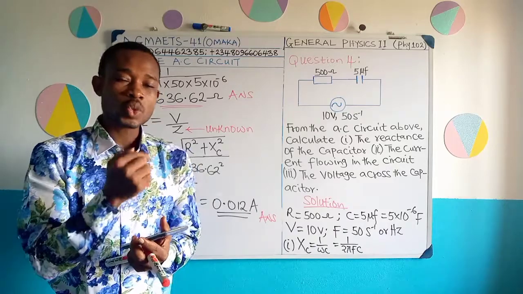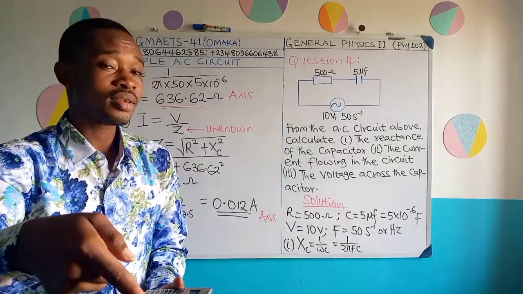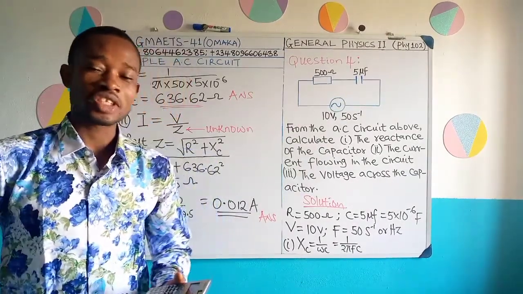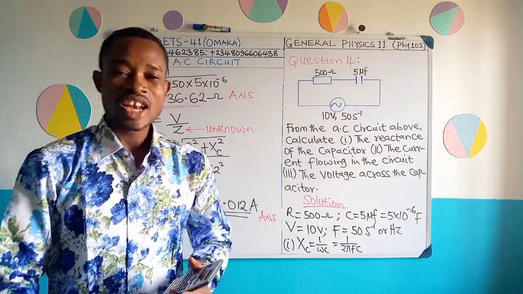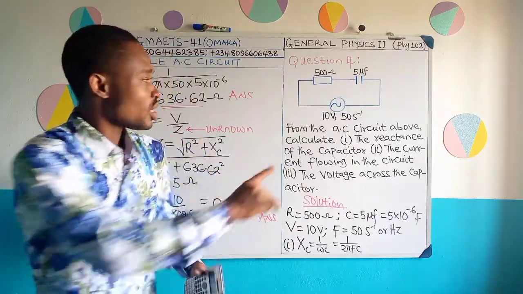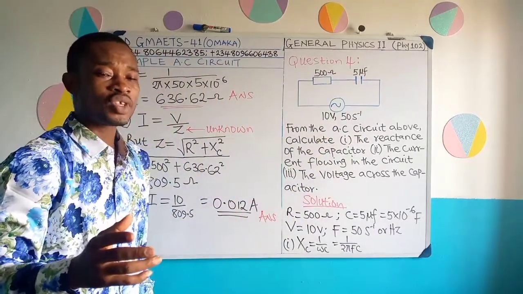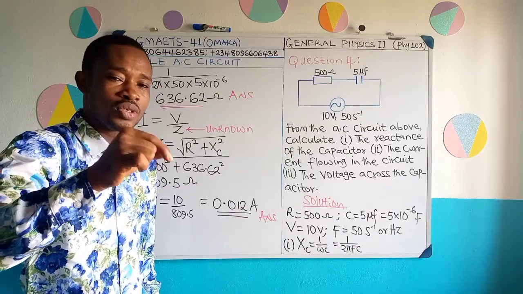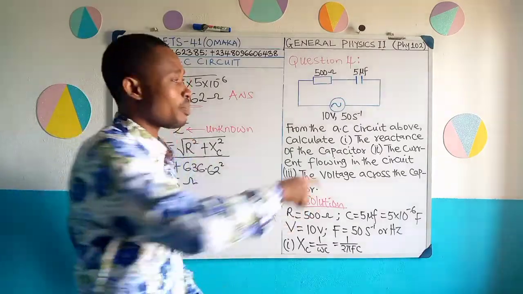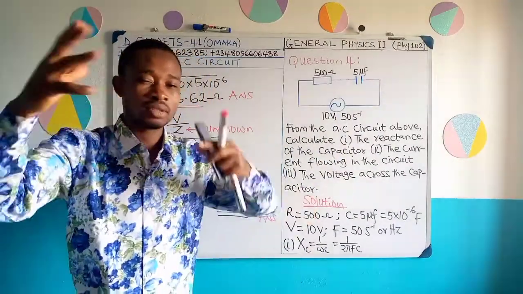Now, the voltage we are required to calculate here is simply the voltage across the capacitor, not the voltage across the resistor, not the voltage in the circuit, just the voltage across this capacitor. It therefore means that I am going to use the opposition to the flow of current offered by this capacitor to represent R, if you're thinking about the Ohm's law concept.